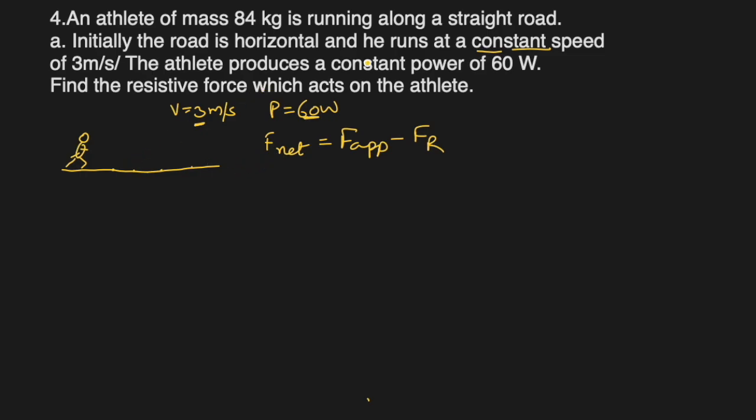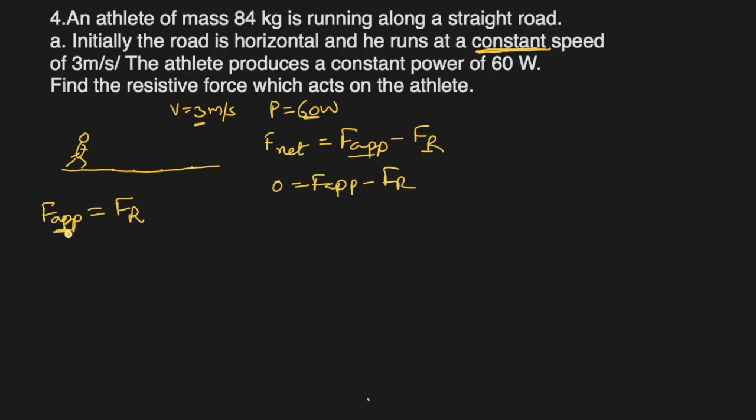So since the speed is constant, that means both of them are balanced and F net is 0. So we can say that applied force, whatever force is being applied, is same as the resistive force.